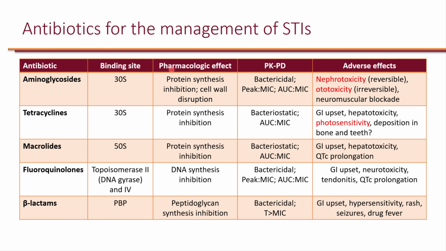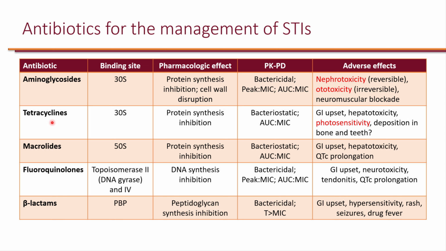Now, some of the antibiotics used for management of bacterial STIs include aminoglycosides, which we know bind to the 30S subunit of the ribosome, and they inhibit protein synthesis. Of course, aminoglycosides are associated with nephrotoxicity and ototoxicity. We'll also use tetracyclines.